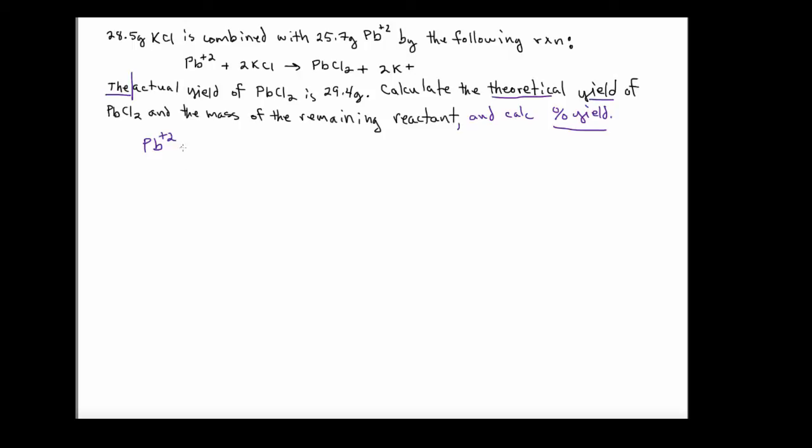So we're going to have lead 2 ion that's reacting with 2 moles of KCl, and it will produce lead 2 chloride and 2 moles of potassium ion. All right, and this is a net ionic equation, which is the reason why you see ions in it. The spectator ions have been canceled out.